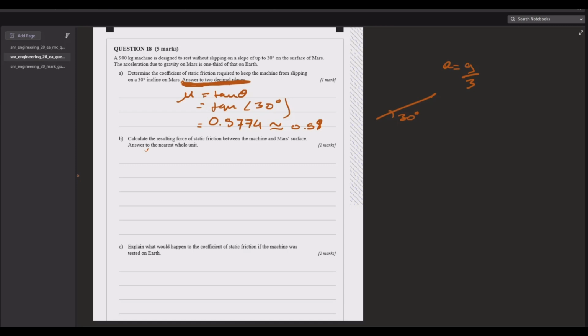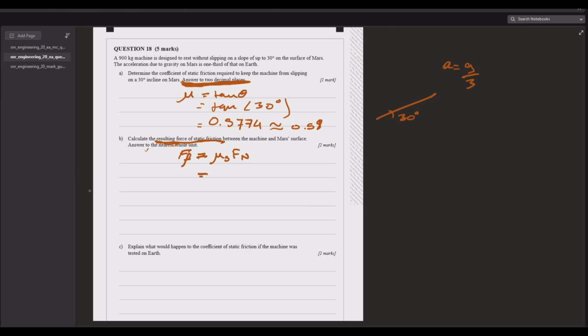And resulting static friction. So resulting force of static friction, and this is in your formula sheet. So friction force is going to be mu s FN, where that's the normal force right there.